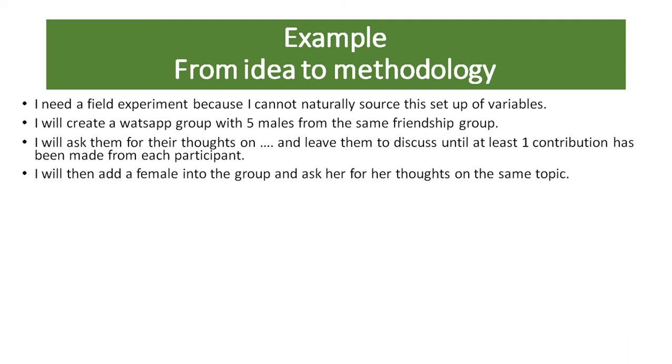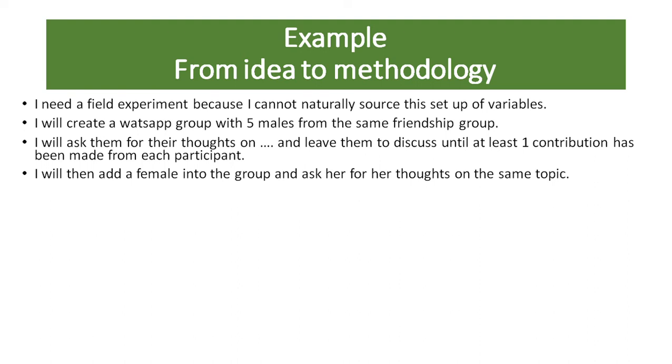So once each person's responded, or I've given up on Jacob, who never replies, I am now going to add a female into the group, and I'm going to have to get involved again, and ask for her thoughts on the same topic to try and make sure that the same topic continues. And ideally, in my ideal world, this is all going to happen in like 5 minutes.